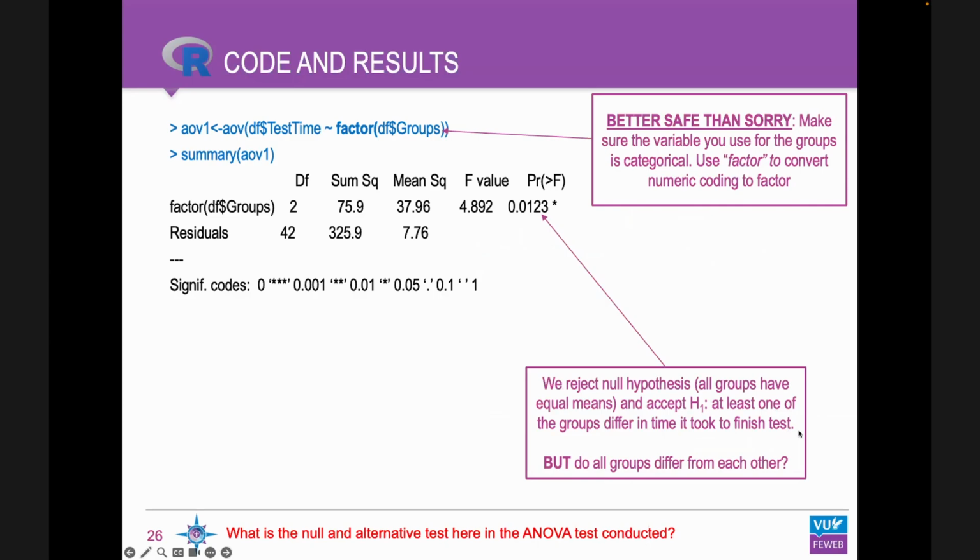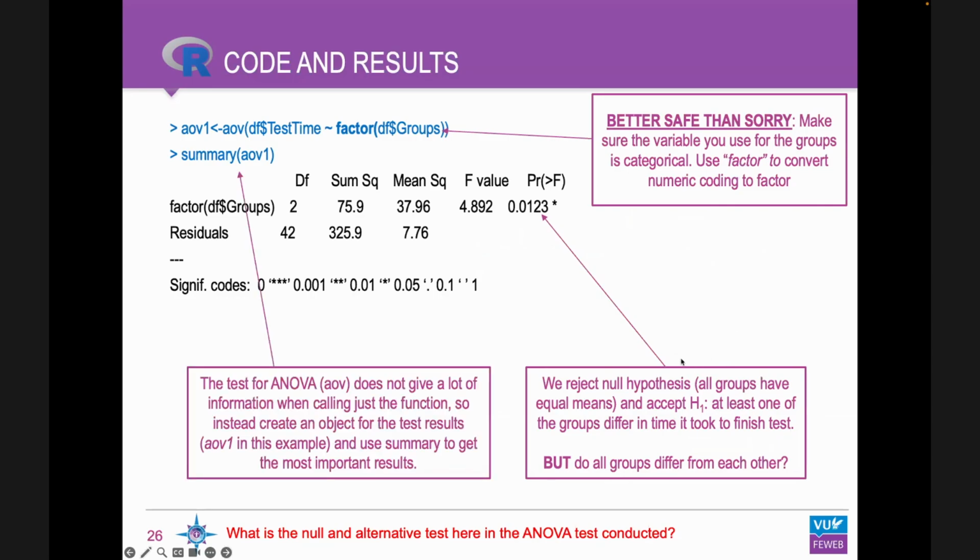It's very important to see in the case of ANOVA that this is a joint test. When we reject H0, it doesn't mean all of the means are different from each other.